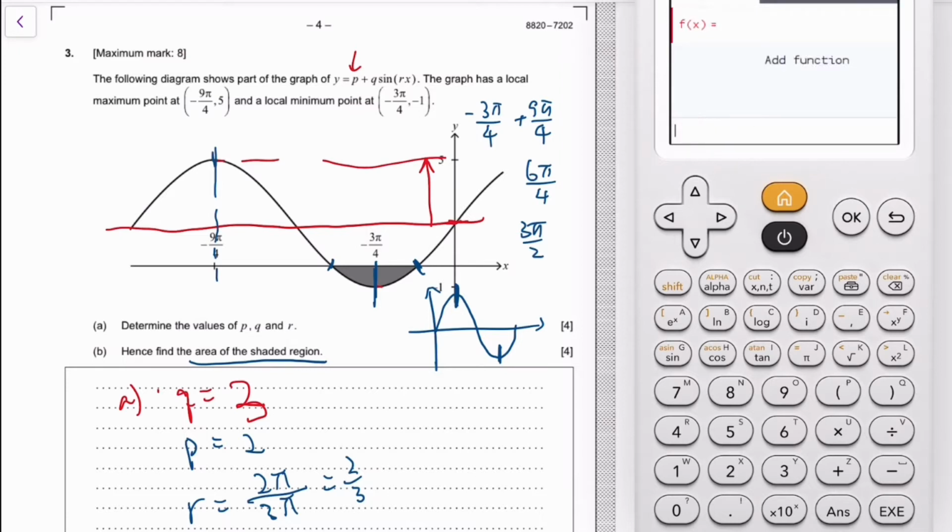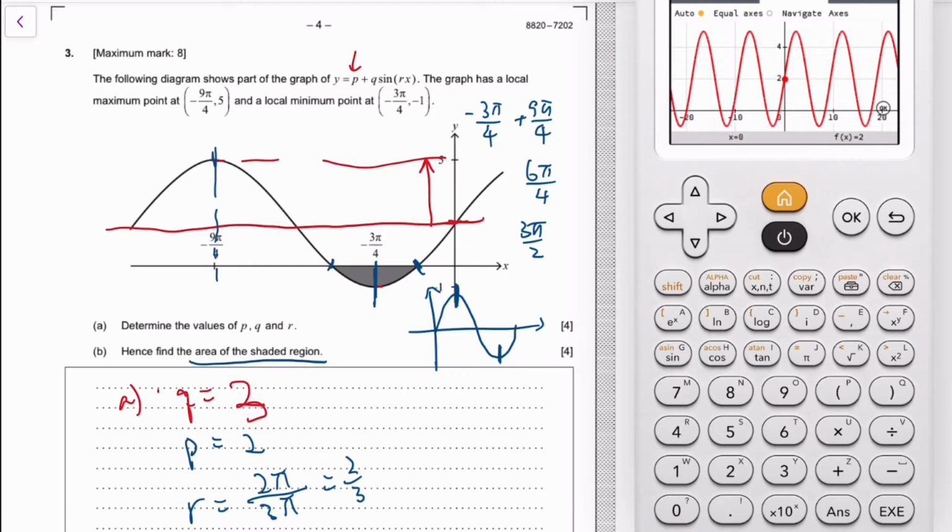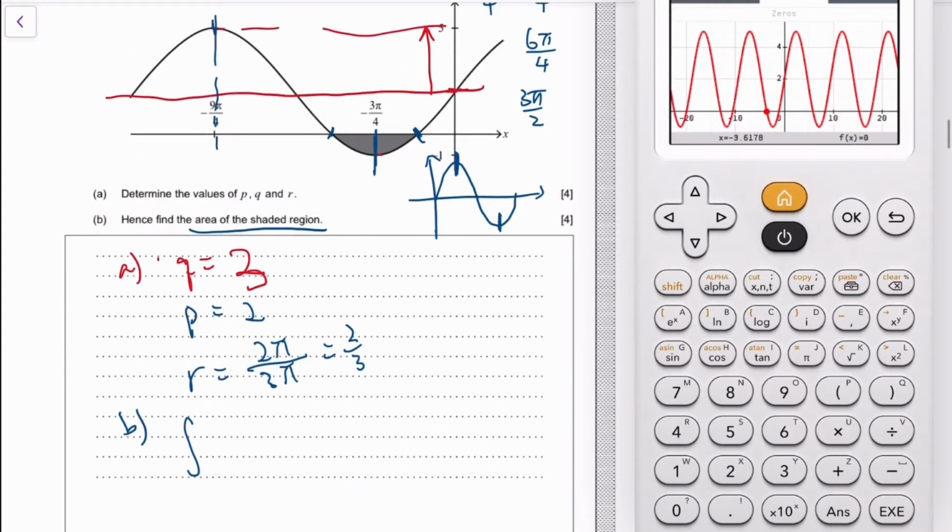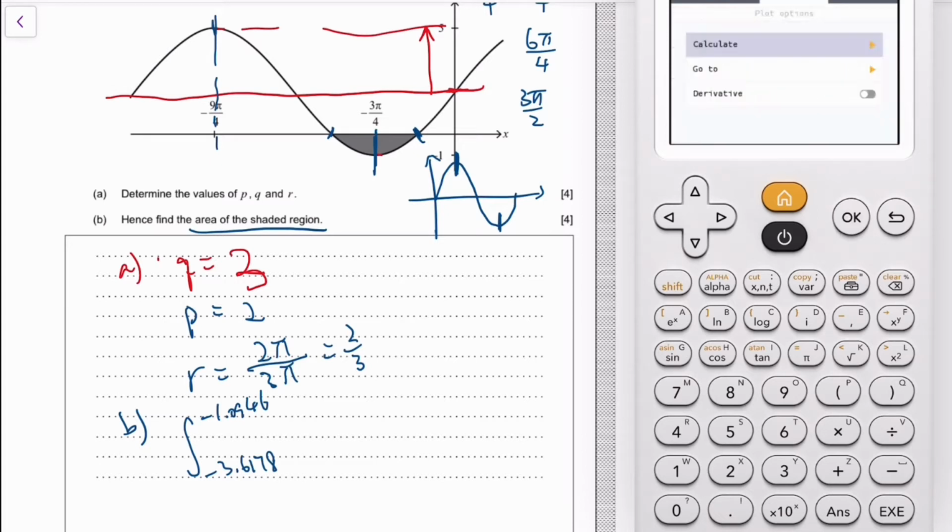So let me type 2 plus 3 sine of 2 over 3 times x. This graph. So I need to find the zeros. Calculate zeros. So this is negative 3.6178 to negative 1.0946. And then most calculators, when in the graph, can also calculate the area.